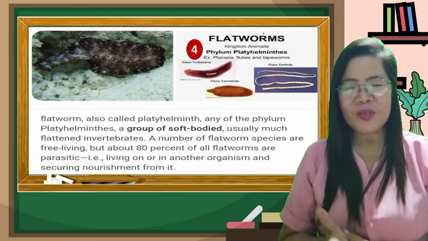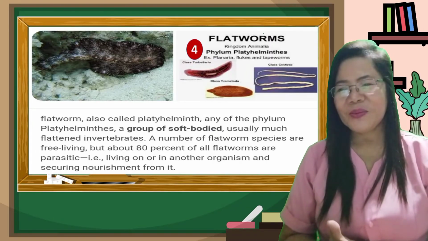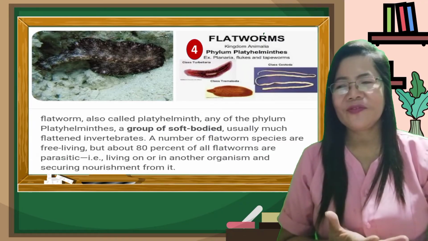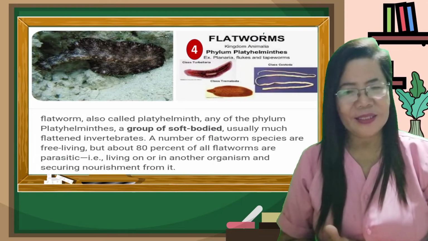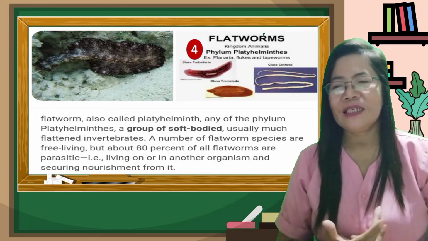So the next group of invertebrates are flatworms. Flatworm, also called platyhelminth, any of the phylum Platyhelminthes, a group of soft-bodied, usually much flattened invertebrates.